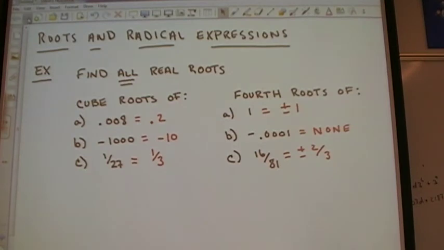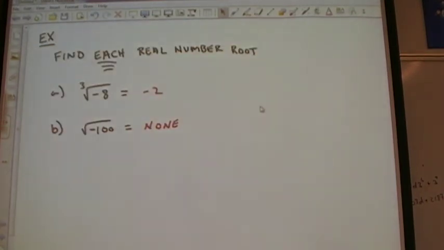Okay, next example is the word each. So you only want one answer. You want the answer the calculator will give you. Find each real number root. The cube root of -8 is -2, because -2 times -2 times -2 is -8.